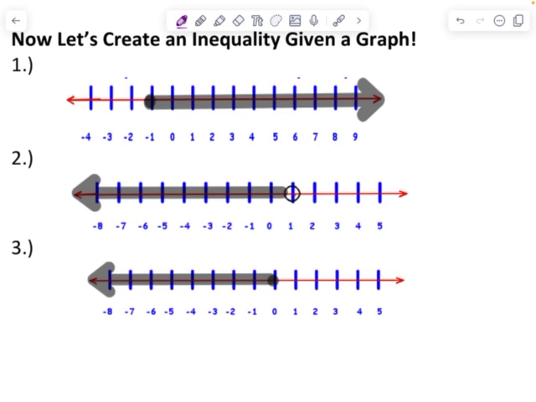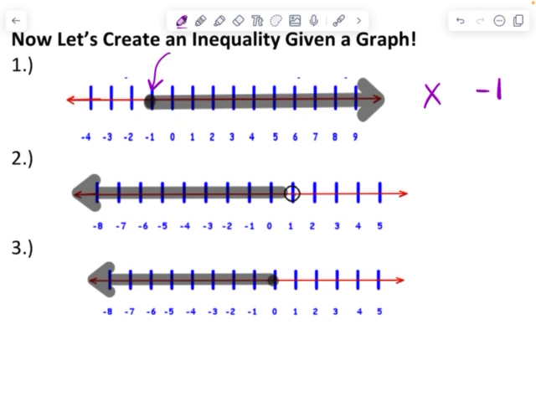All right, so now let's go ahead and write an inequality when we're given a graph. We typically use the value of x because this is representative of the x-axis on a coordinate plane. So I'm going to take a look, and that's a closed point at negative 1.